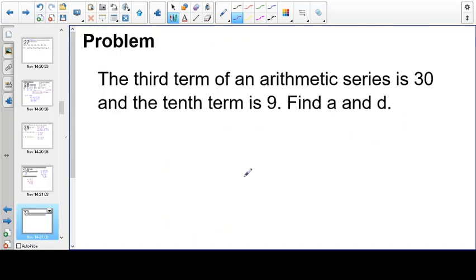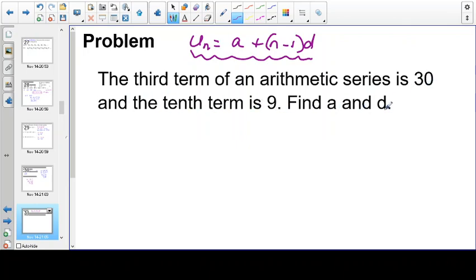Okay, here's some problems now that we can use this A and D notation for. So remember, we've got un, that's our nth term. That's what we're going to use. The third term of an arithmetic series is 30, and the 10th term is 9.